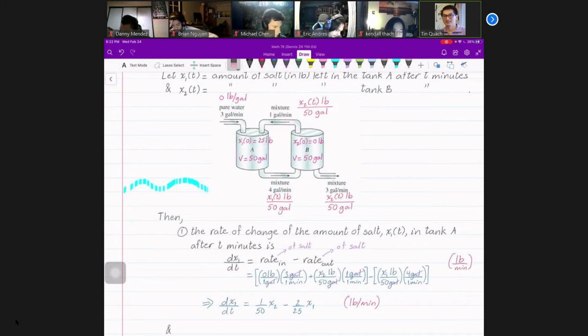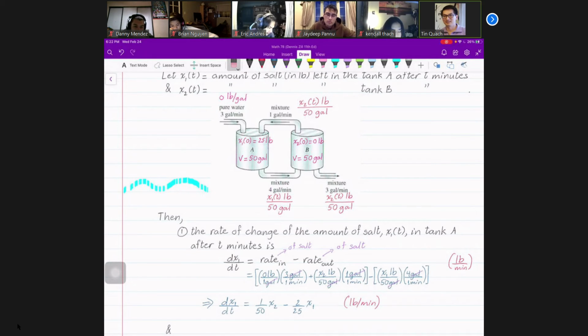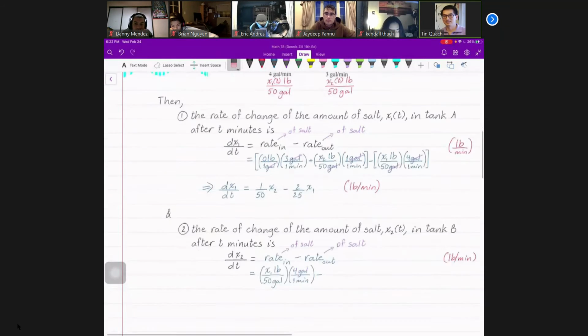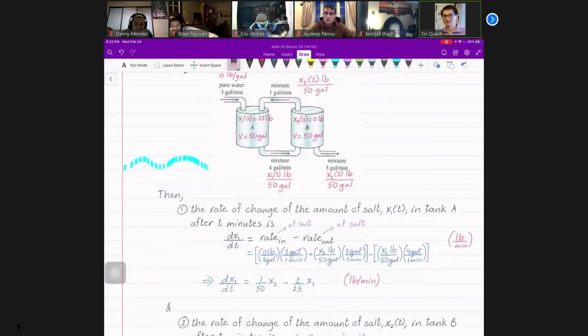Are you all following? If you understand how to set up a system for this problem right here, then you know most of them are just similar. The whole idea is rate in minus rate out. That's all. So for the top valve, it is x sub 2 over 50 times 1, right?